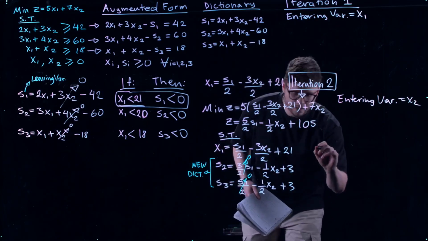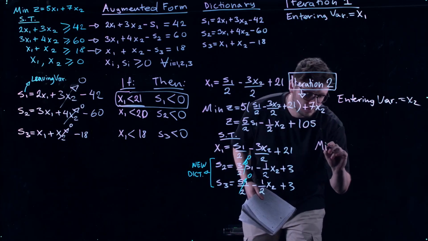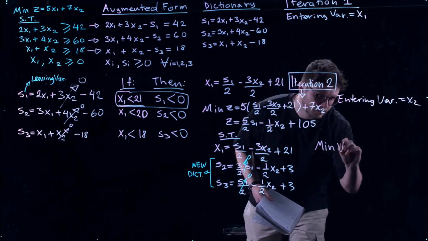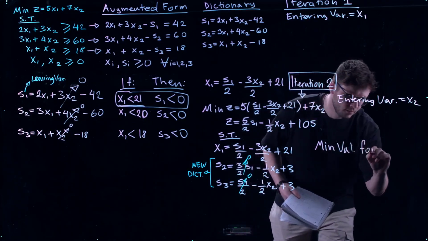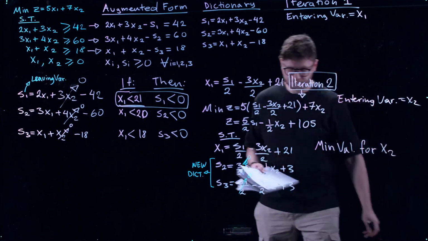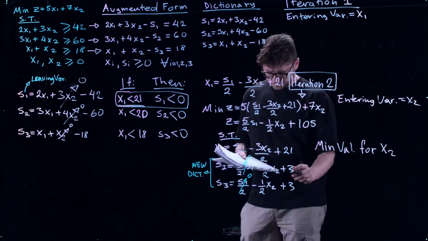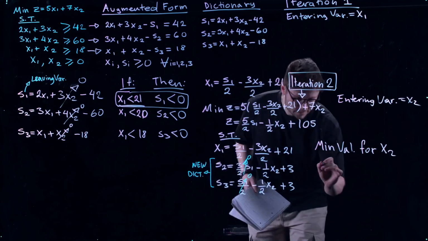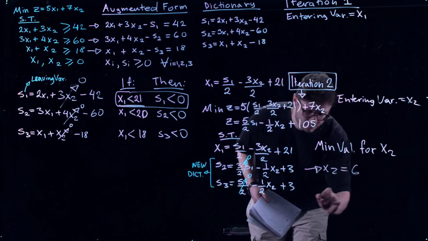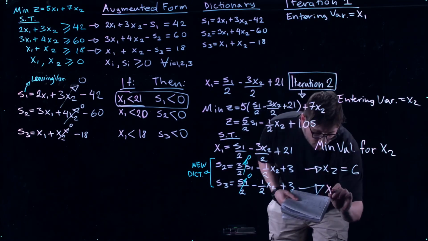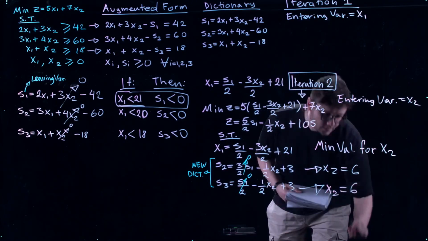So we're just going to have, instead of the if-then tables, minimum value for x2. All right, so for this one, it's going to be 6. x2 equals 6.